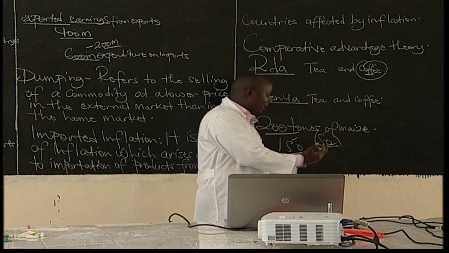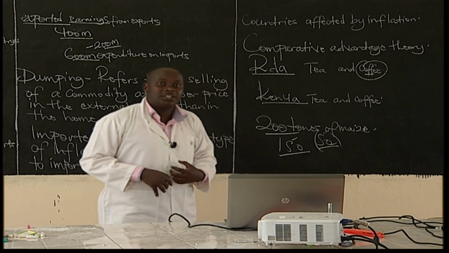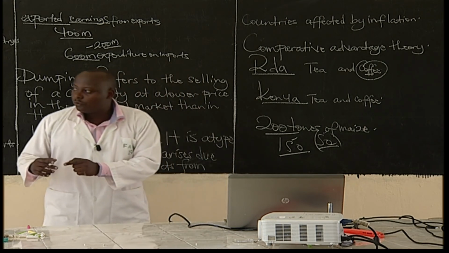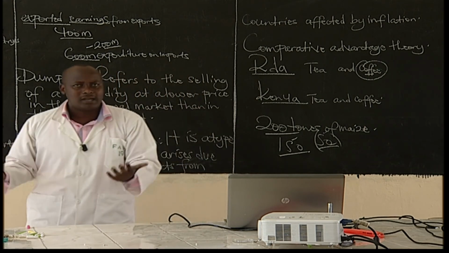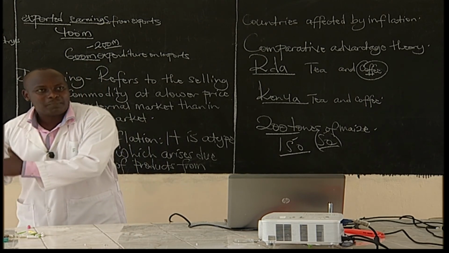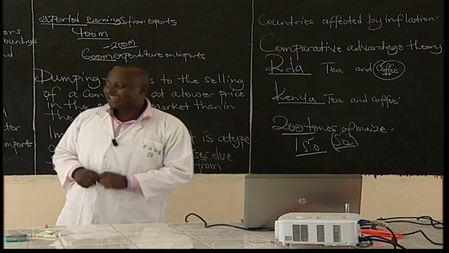The 50 which is surplus could be sold to other countries to avoid wastage. Now, it will be difficult for a country that is not trading with other countries, it is internal trade, it will lead to wastage as surplus products cannot be sold to other countries, which is a disadvantage.